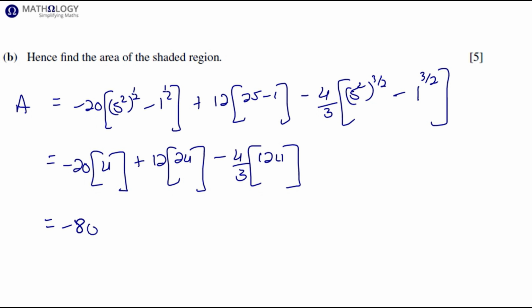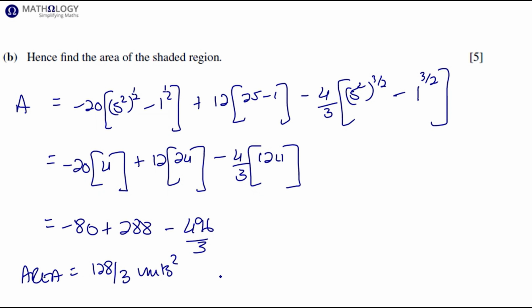So that's minus 80 plus 288 minus 496 over 3. So the area of the shaded region is therefore 128 over 3 units squared. If you like, as a decimal, that is approximately 42.7 units squared.